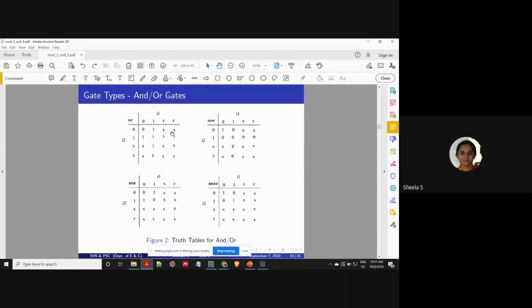The complement of the OR gate is the NOR gate. So we will get the truth table for the NOR gate like this. Wherever there is 1 in the OR gate, we get 0 in the NOR gate, and wherever there is 0, we get 1. And for X, we get X only.